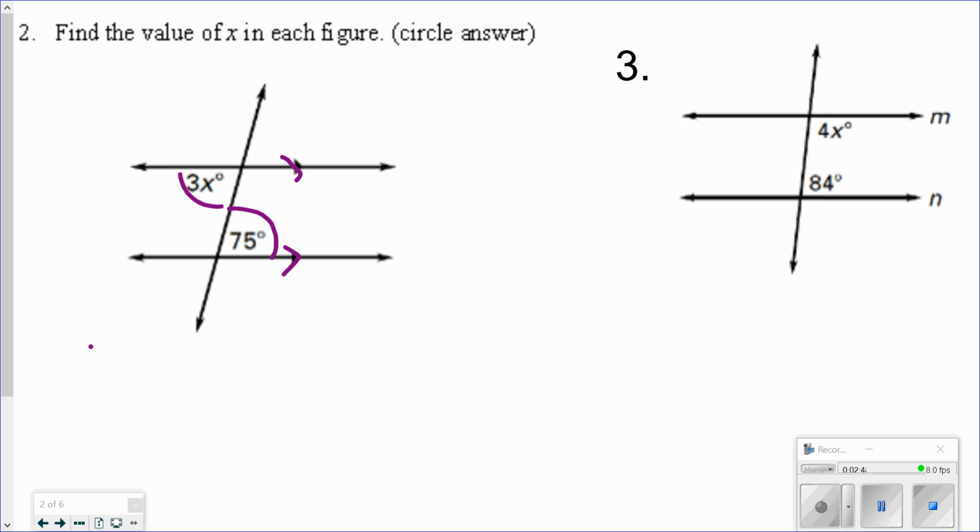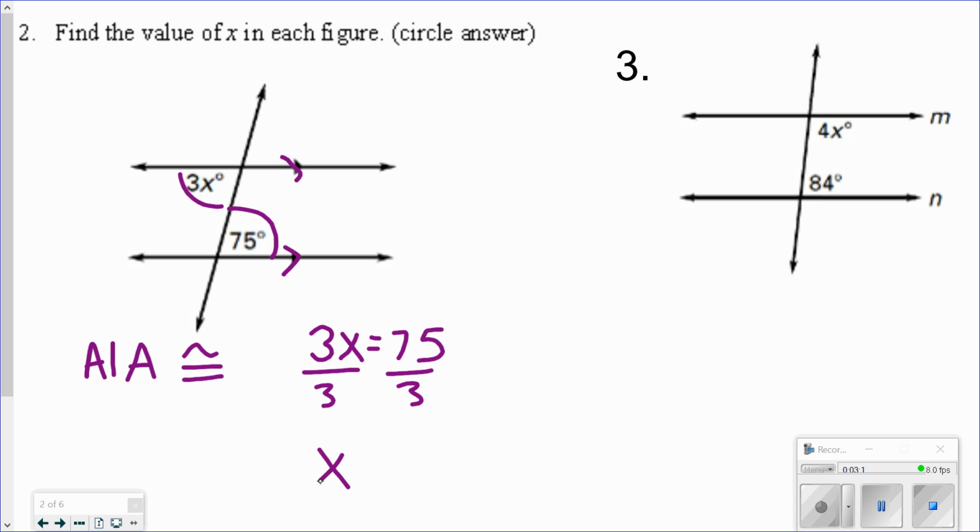We have alternate interior angles here. And we know that if we have alternate interior angles and our 2 lines are parallel, the alternate interior angles are congruent. So I'm just going to set these 2 equations equal to each other. So I have 3x is equal to 75, divide by 3, divide by 3, and x is equal to 25.